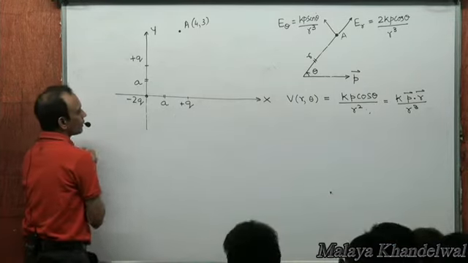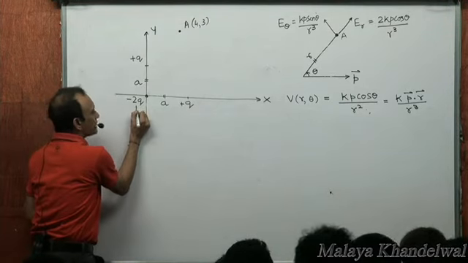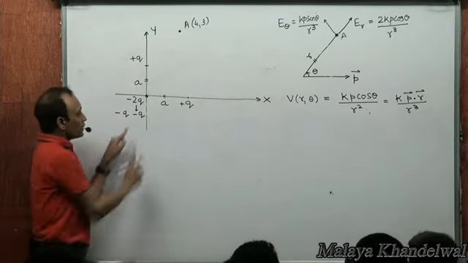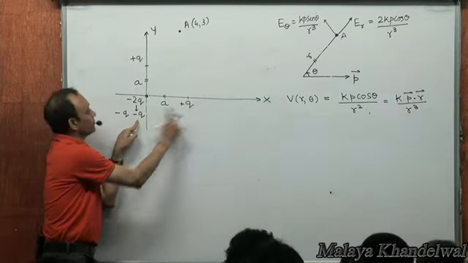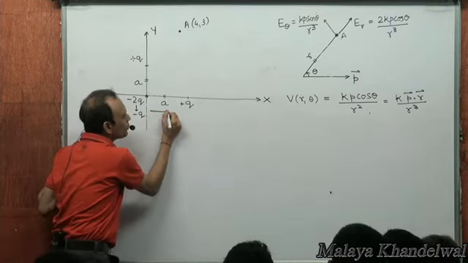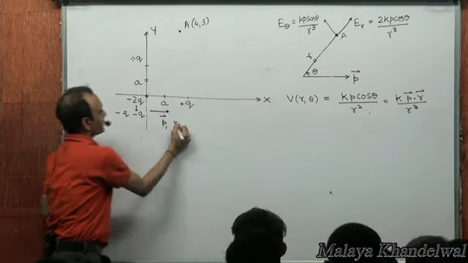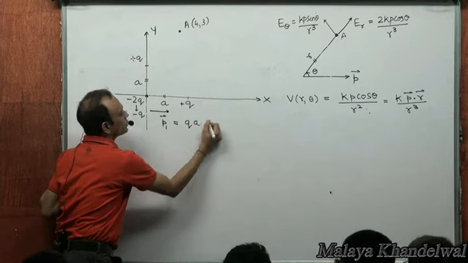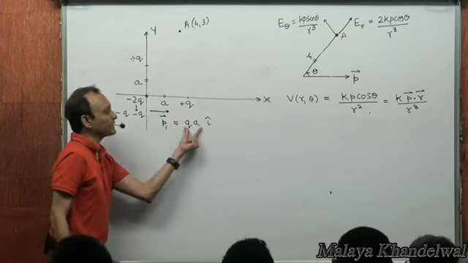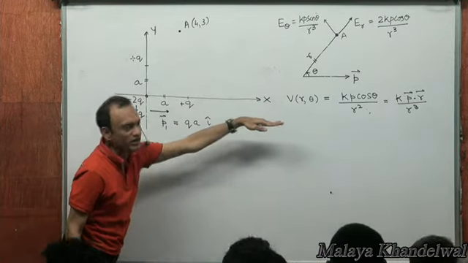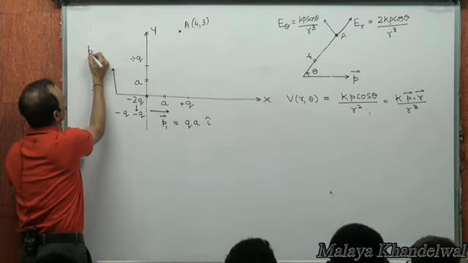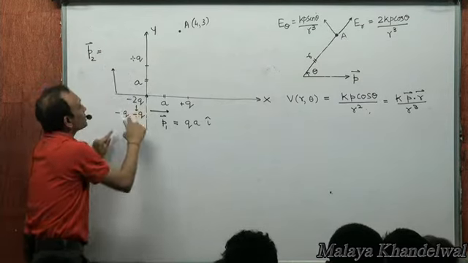Now, first of all, like before, this minus 2q could be written as minus q and minus q. This minus q and this plus q would be one dipole, and this minus q and this plus q would be another dipole, right? So the first dipole moment vector p1 would be q into a into i cap. That's the direction of this dipole. This dipole moment has magnitude q into a and is along the positive x direction from the negative to the positive charge. And then there is a dipole moment vector p2, which is another minus q plus q.